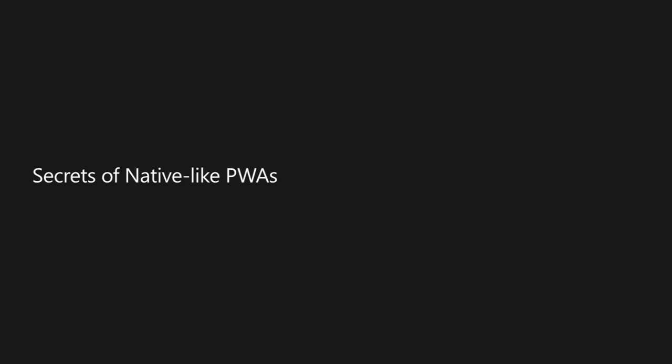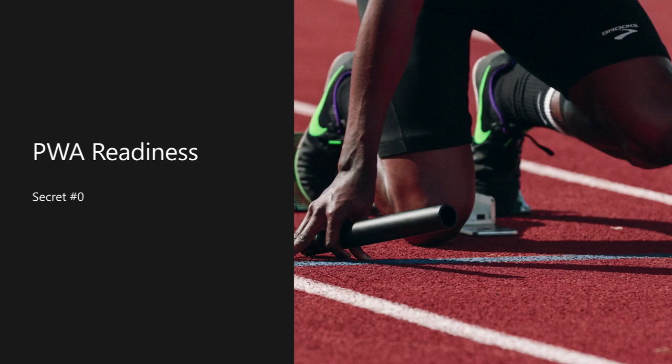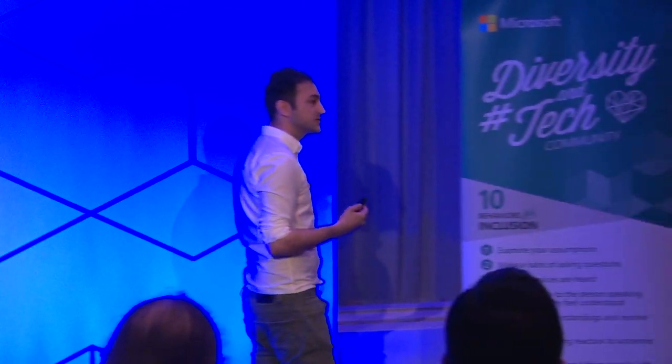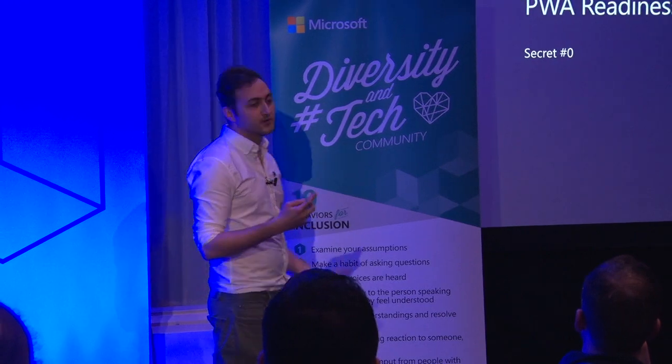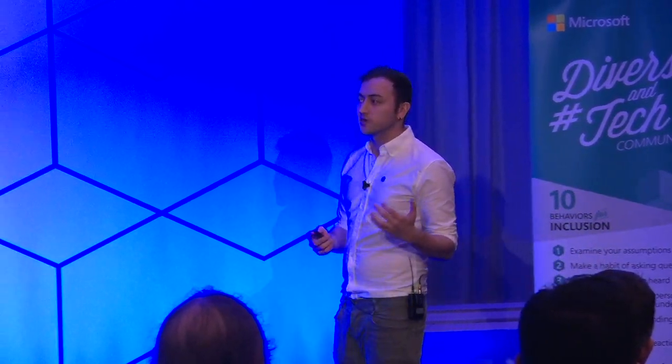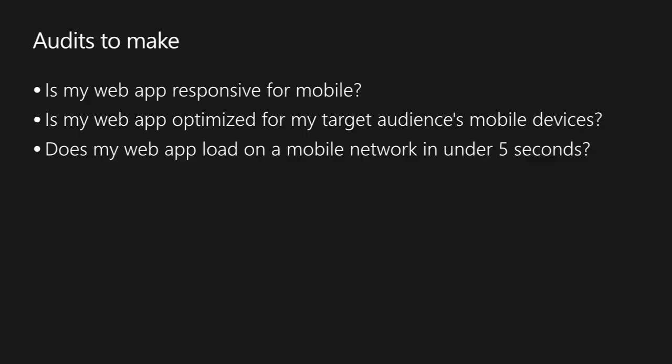And secret number 0 is what I like to call PWA readiness. So before you build a PWA, you want to ask yourself a couple of questions. They're quite simple, but at least the baseline, is your website working on mobile? Does your website take forever to load? So you really want to make sure that before you build a PWA, you've got the basics covered.